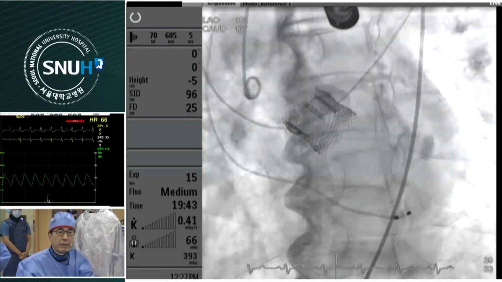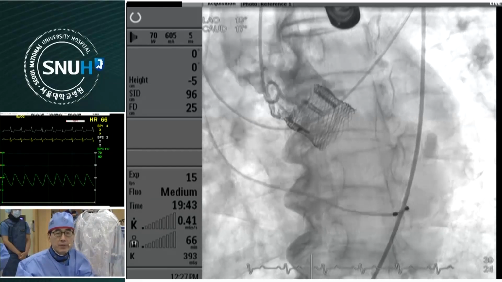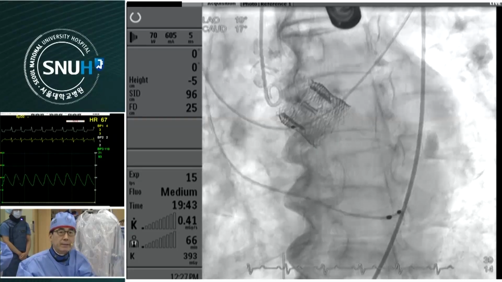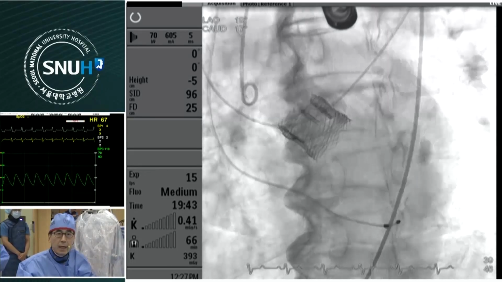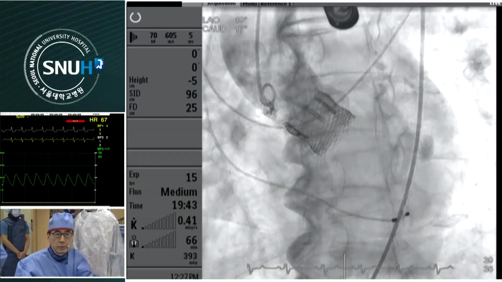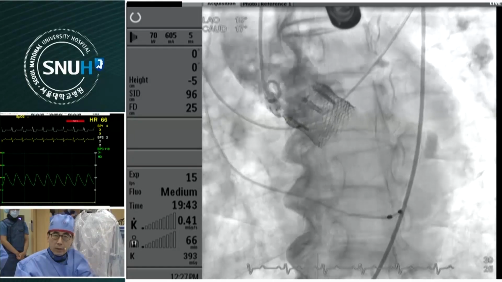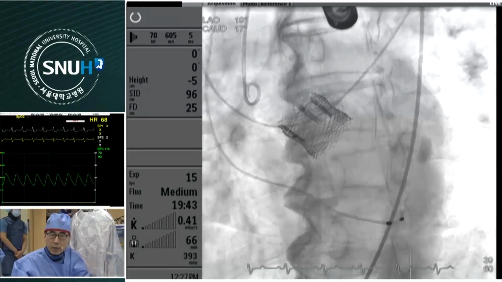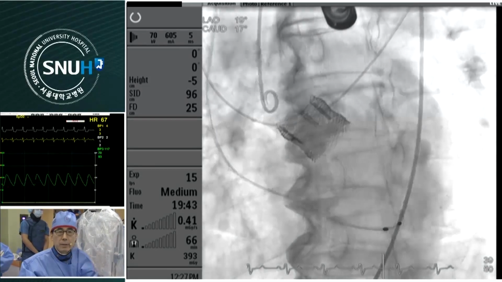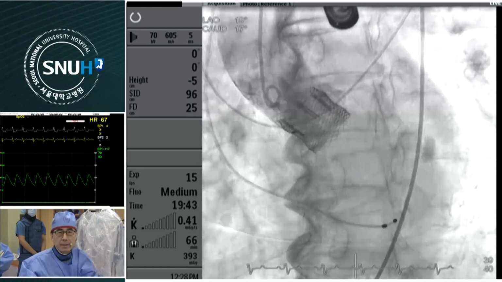We have 3 available TAVI systems in Korea: Evolut R, Sapien 3, LOTUS. In terms of leakage, LOTUS is perfect. In terms of safety, Evolut R and LOTUS are better than Sapien, especially in coronary obstruction or aortic tear. But LOTUS, compared with Evolut R, the system is too big, too rigid, while Evolut R is very shallow, flexible. It's very safe.